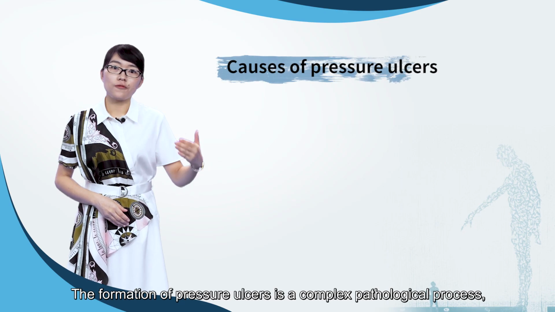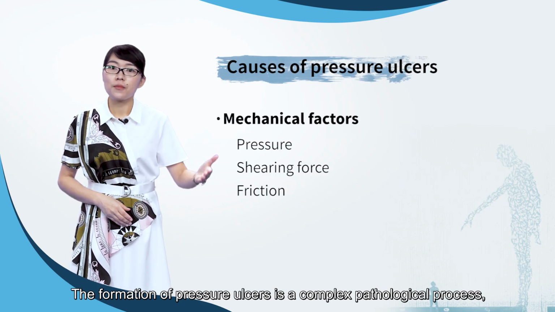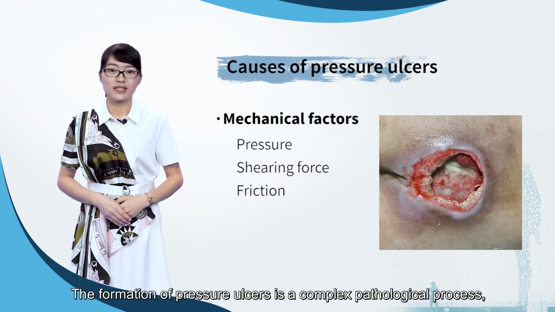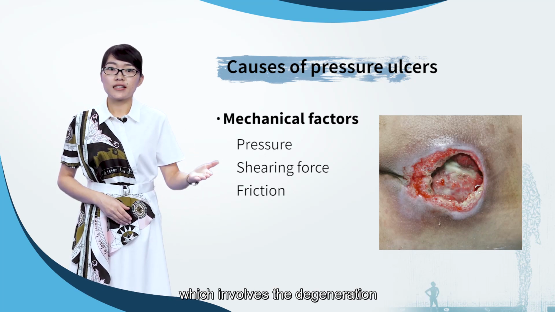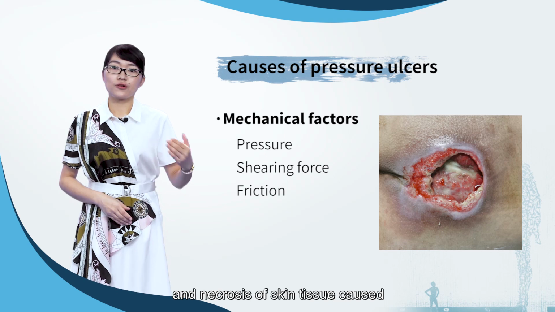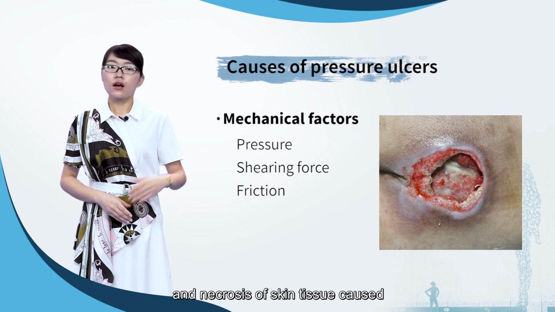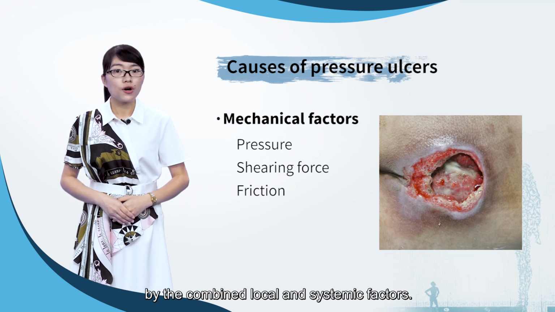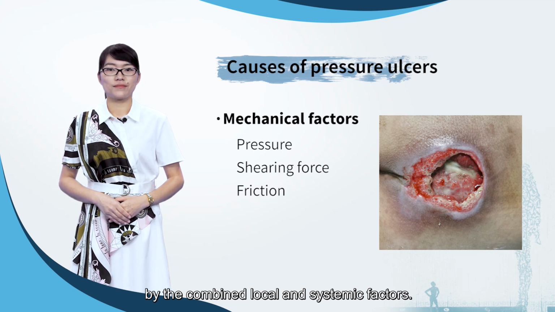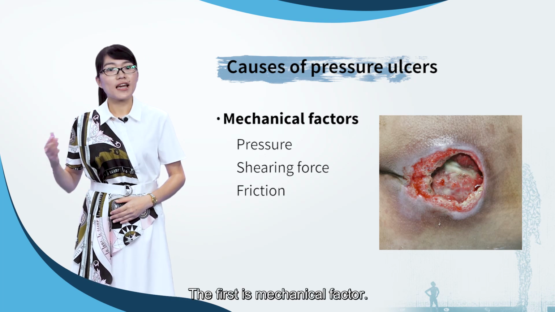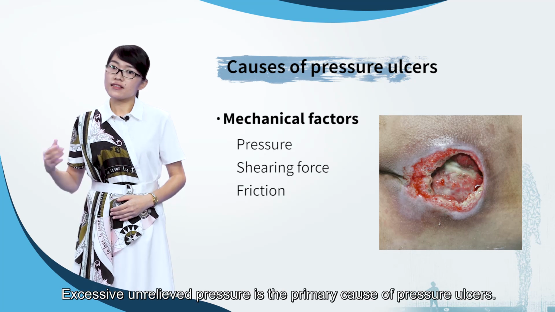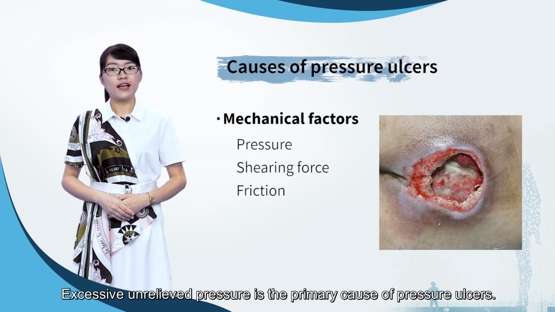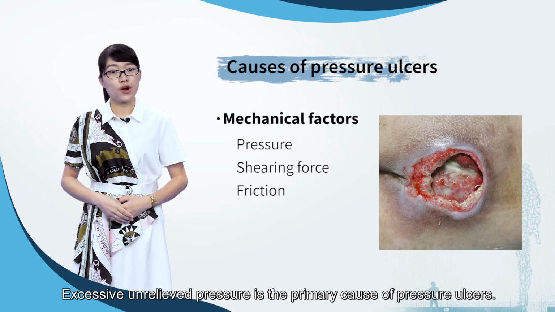The formation of pressure ulcers is a complex pathological process which involves the degeneration and necrosis of skin tissue caused by the combined local and systemic factors. The first is mechanical factor. Excessive unrelieved pressure is the primary cause of pressure ulcers.